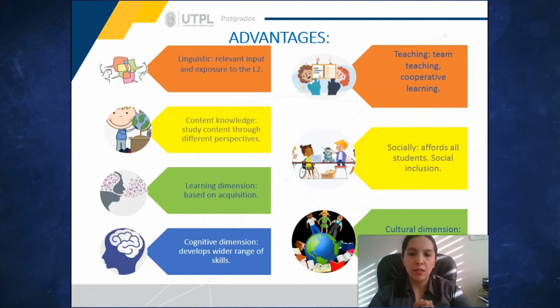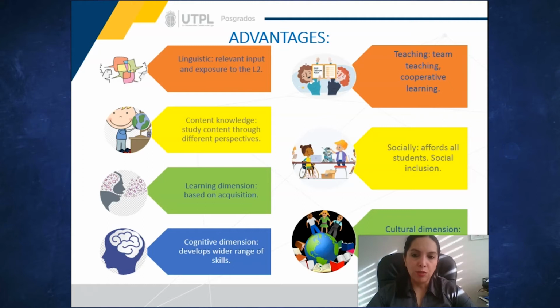As regards the learning dimension, it favors acquisition rather than formal enforced learning. And this connects directly with the cognitive dimension and favors skills like problem solving, risk taking, or interpersonal abilities, which are crucial for their future employment.